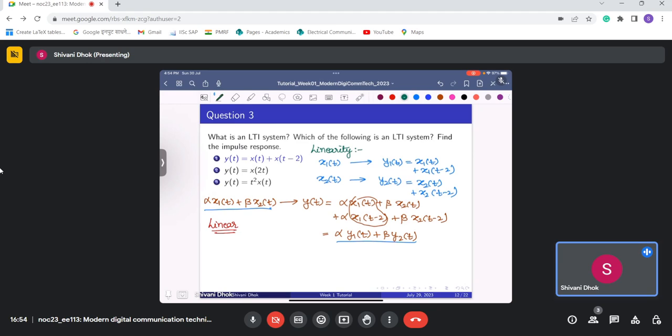Now the next thing we need to check is time invariance. We need to check if I shift the input, whether I get the shifted output or not.